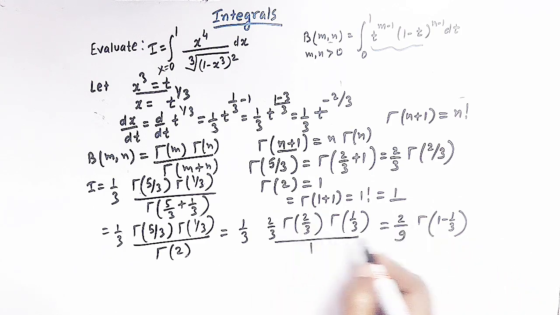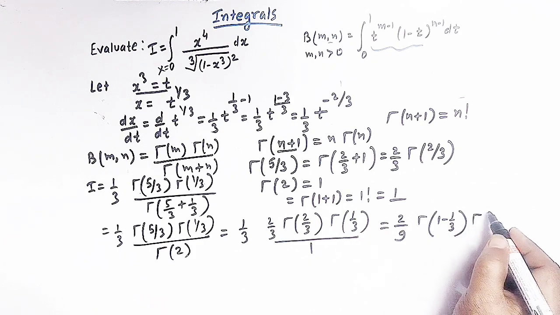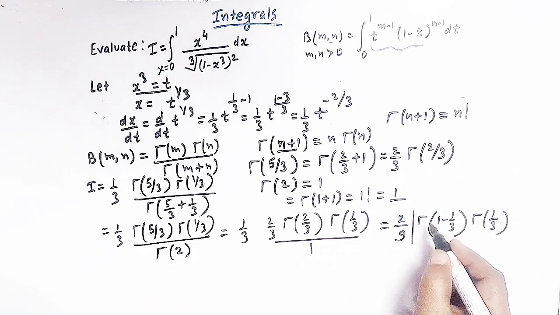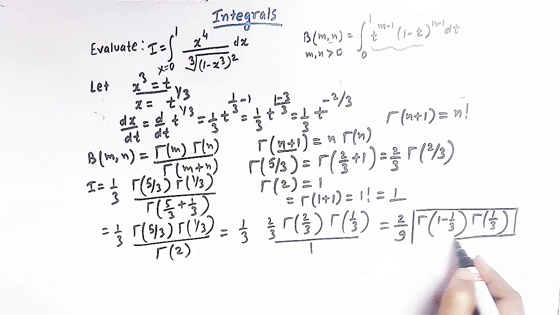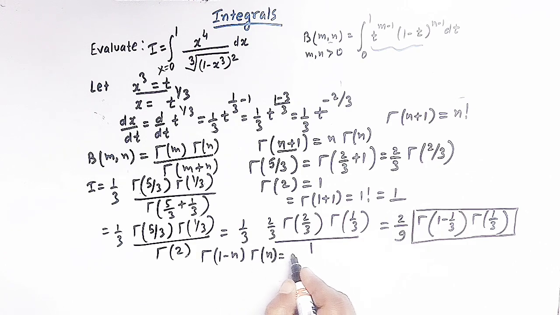So gamma 2 over 3 can be written as 1 minus 1 over 3, and here we have gamma 1 over 3. So now let us look at this expression. So we know that from Euler's reflection formula, that is gamma 1 minus n times gamma n is equal to pi over sine n pi, right?